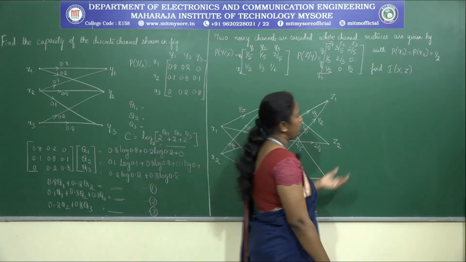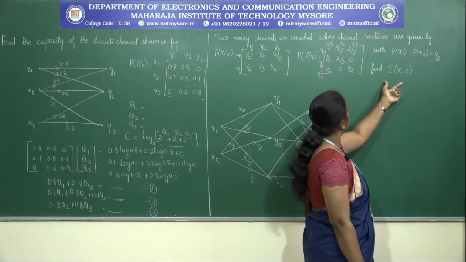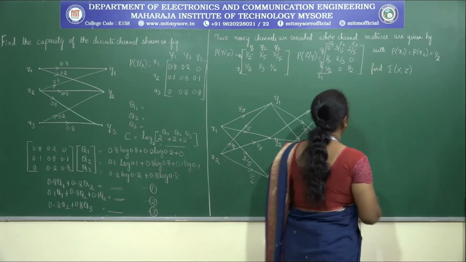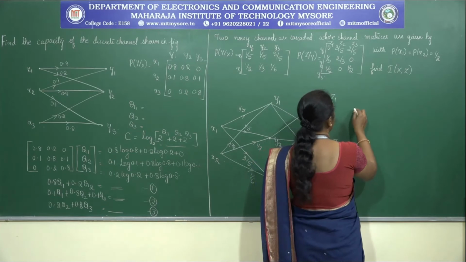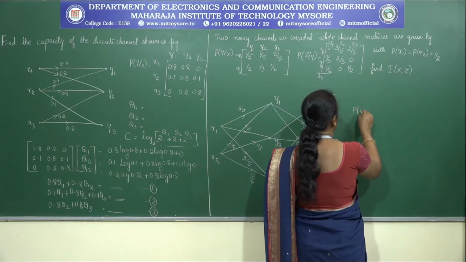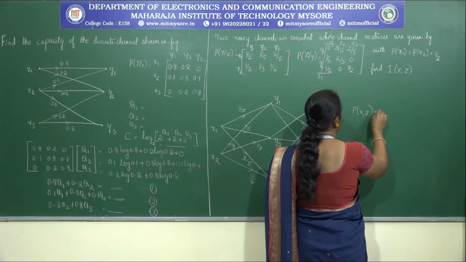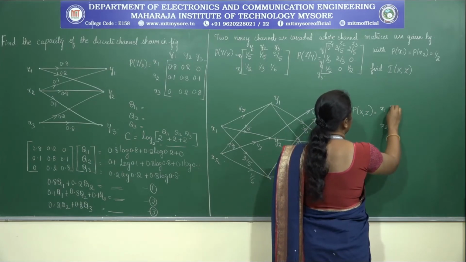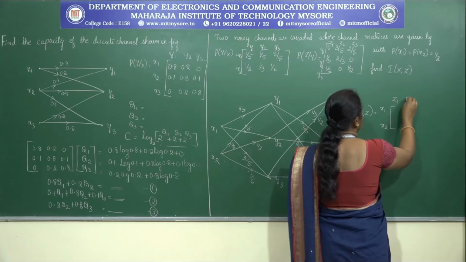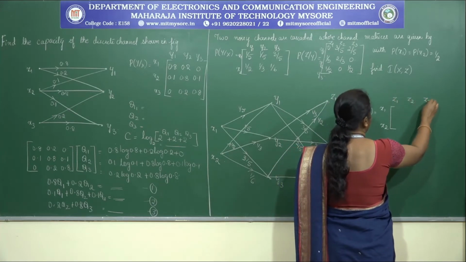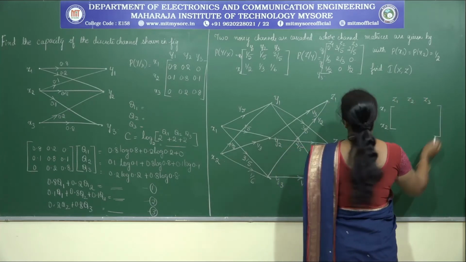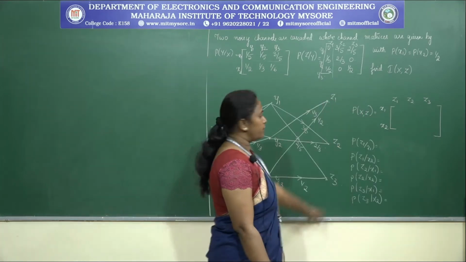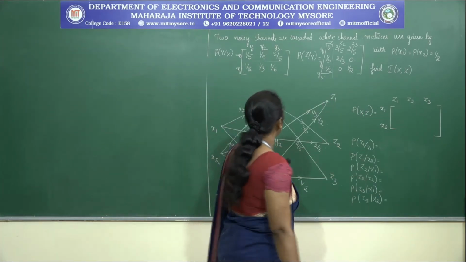So now in order to find your I of x comma z, you need to find P of x comma z, that is your input is x1 and x2 and your output should be z1, z2 and z3. Now let us find the value of P of z1 by x1.